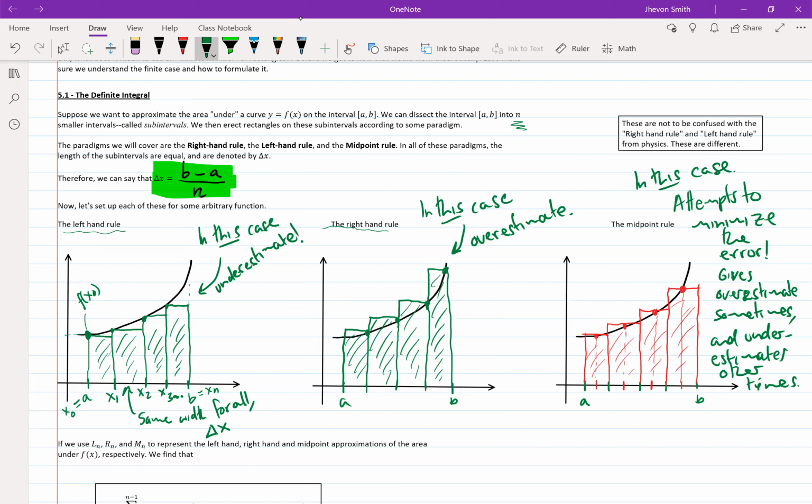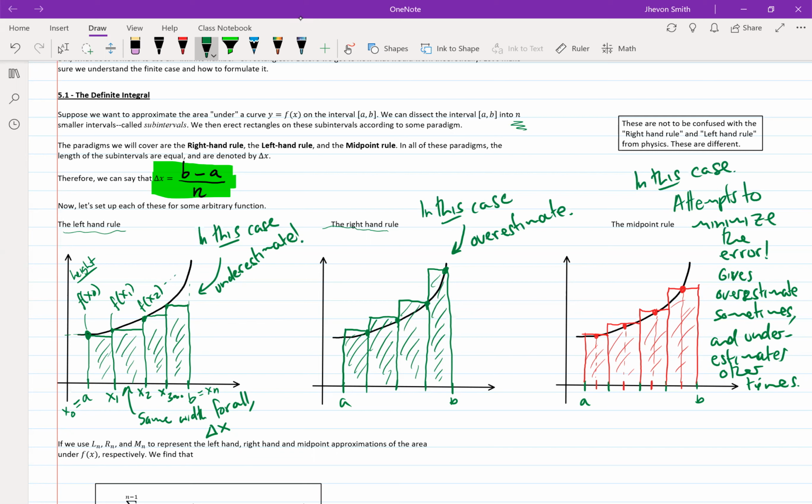That's what that line's going to be. And then this is the height. This is going to be f evaluated at x1. The height here is going to be f evaluated at x2, and so on, right? So notice that with setting this structure up on the xy plane like that, if I choose x values which create the subintervals, I can figure out the heights of the rectangles by just plugging values into the function.